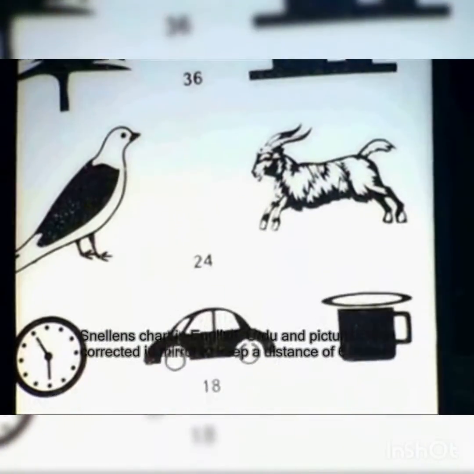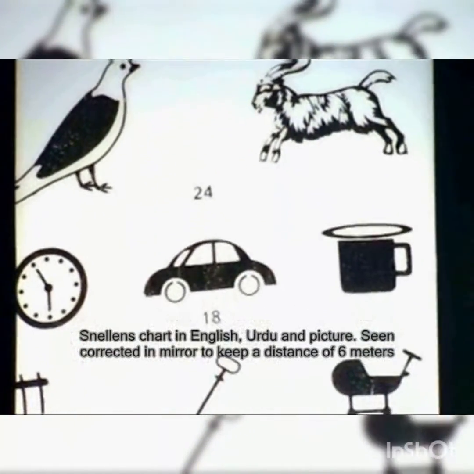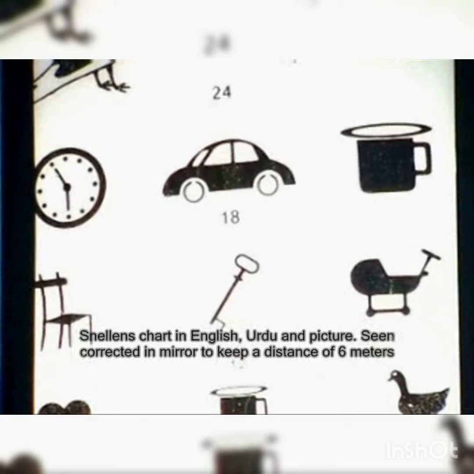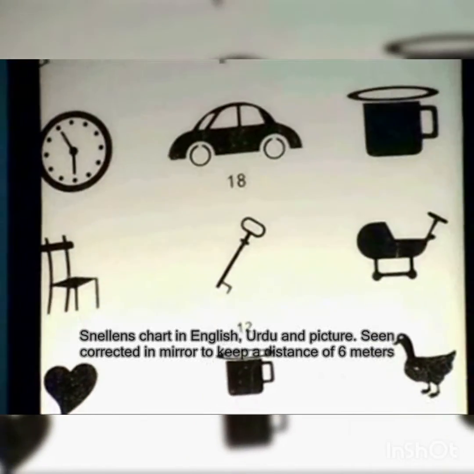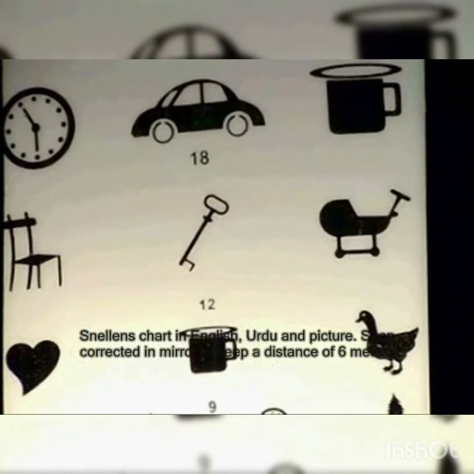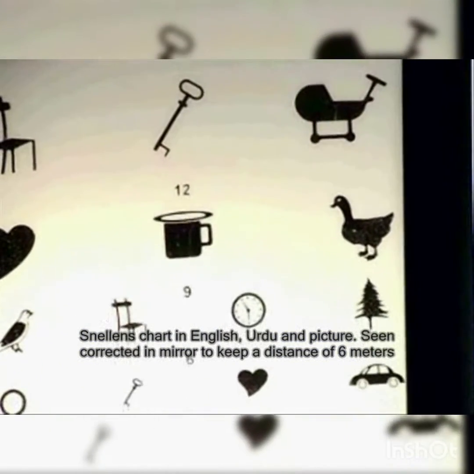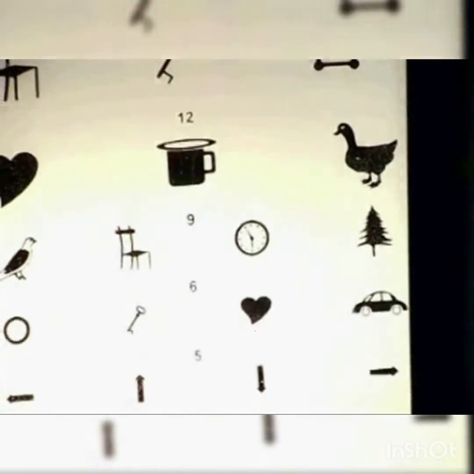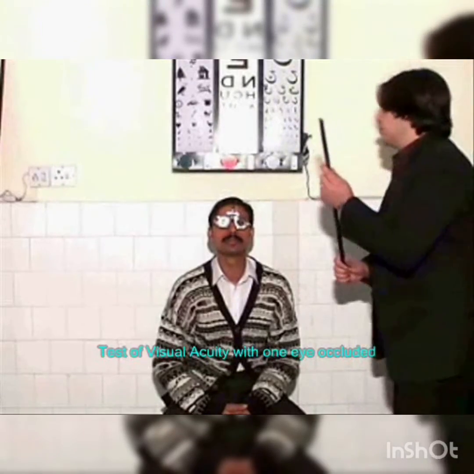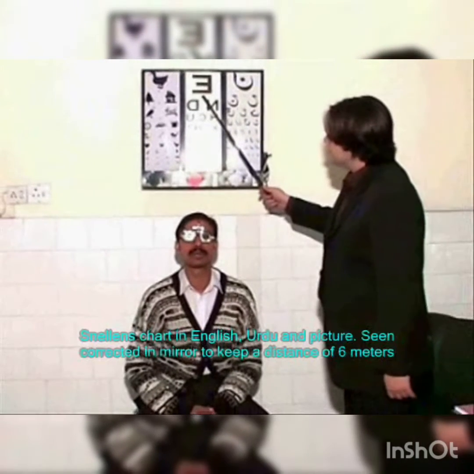The test type is available in English, E-chart for illiterates, and picture presentation for children. The denominator is the distance at which the patient is sitting, and the numerator is the distance at which the test object subtends an angle of 5 minutes of an arc. The example is 6 by 6.